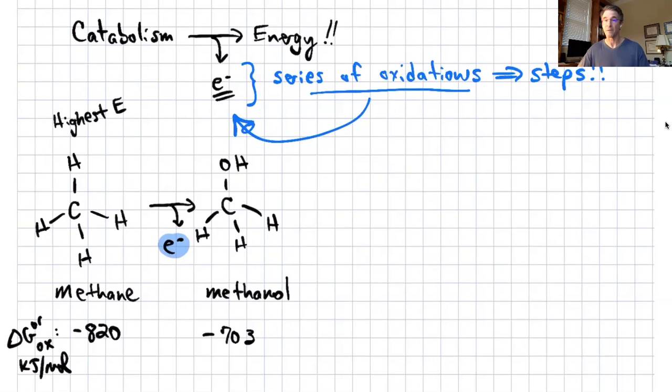That's pretty good. So now, what's next? We can take the next oxidation step, yank some more electrons out of this molecule, and turn that alcohol into an aldehyde, which is formaldehyde.